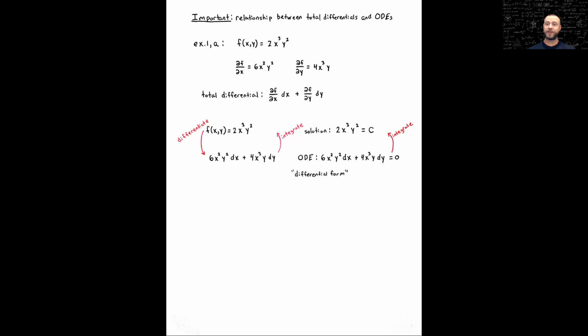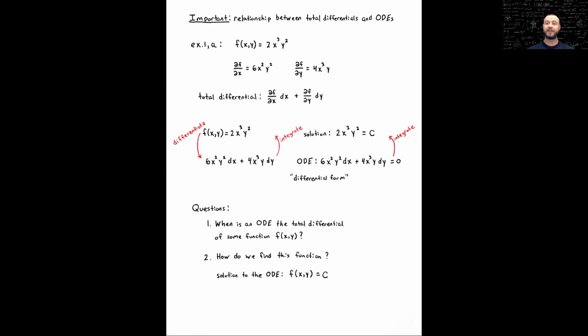And then in order to get the 0 on the right-hand side, what differentiates to 0? A constant. So that's how we turn partial derivatives and a total differential into an ODE. What we have to address is how we go backwards. How do we perform this integration?